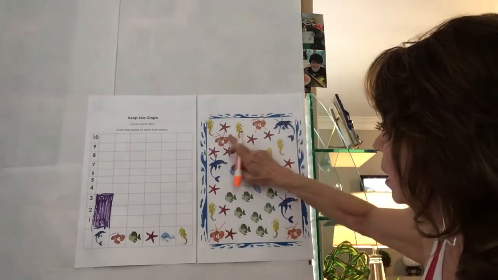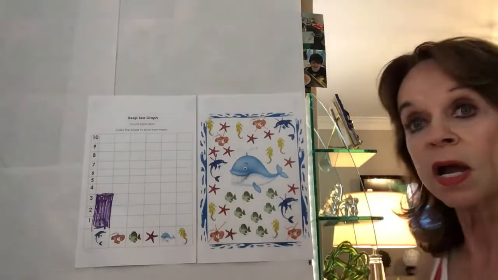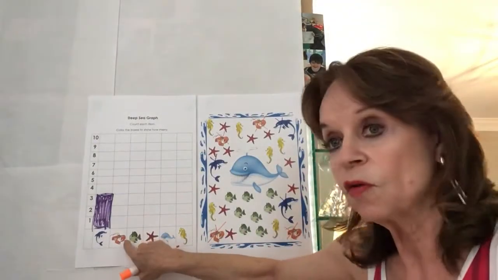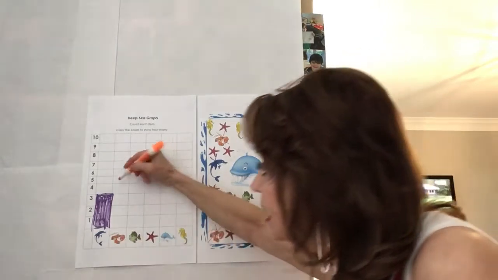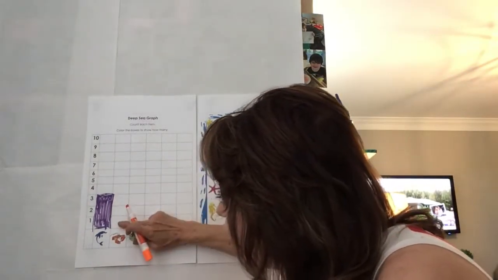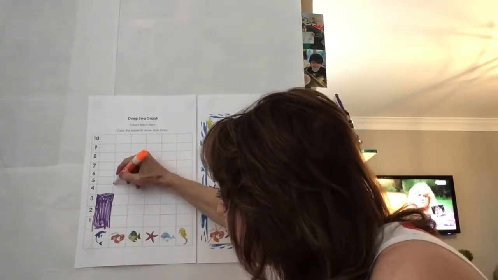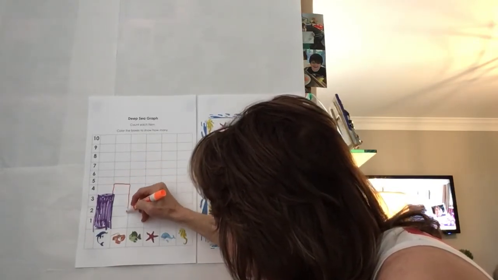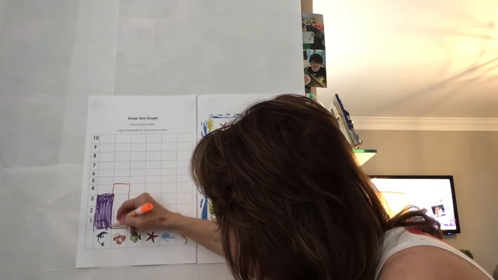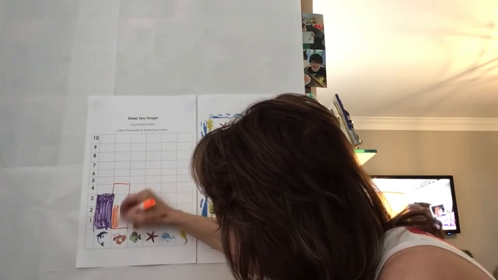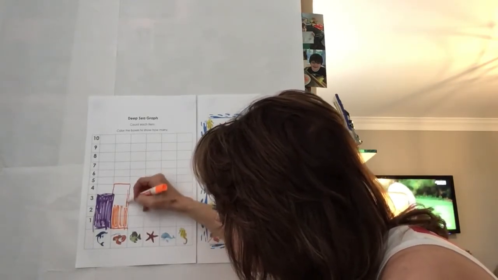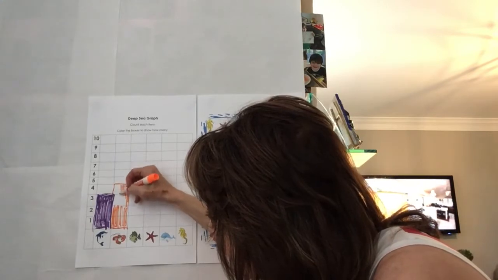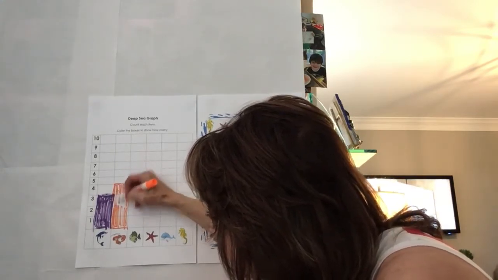Okay, 1, 2, 3, 4. I have 4 crabs, so I'm going over to my bar to where the crab is, and I'm going to go all the way up 1, 2, 3, 4, and I'm going to color in my bar for 4. Okay, and color it all the way up to the 4.